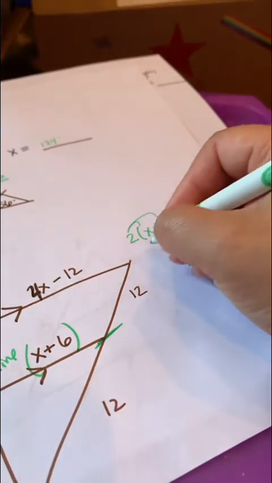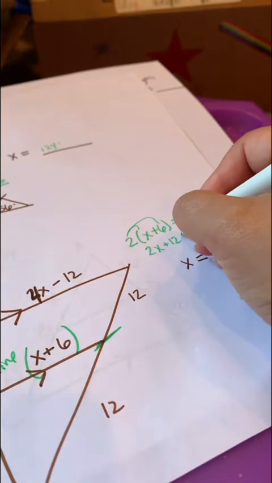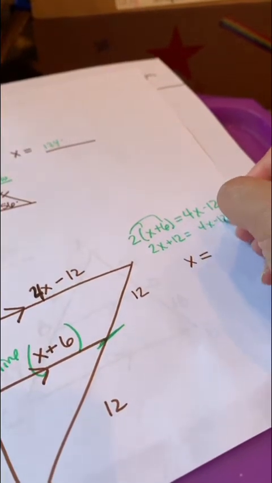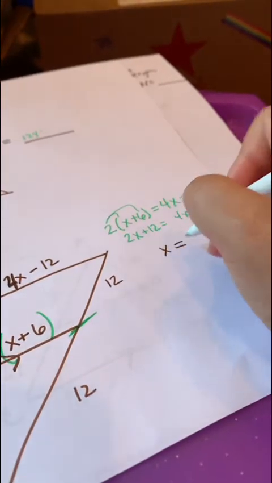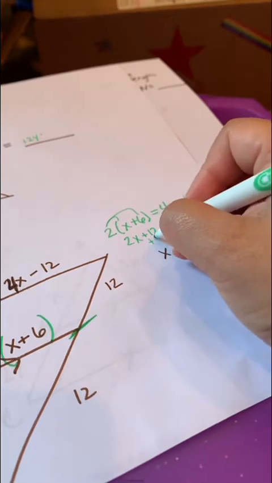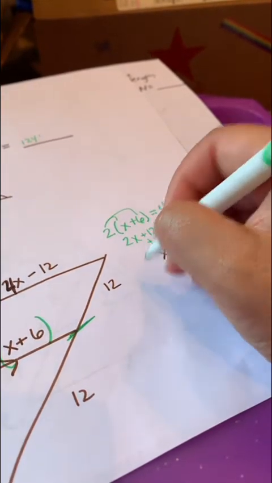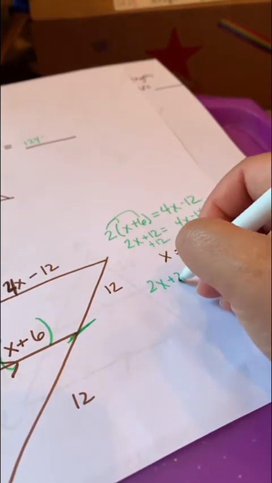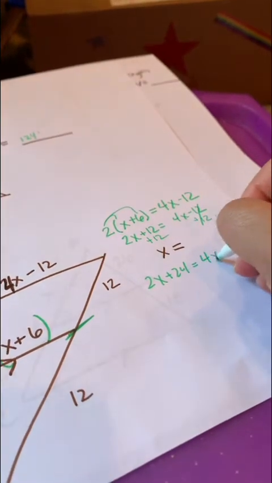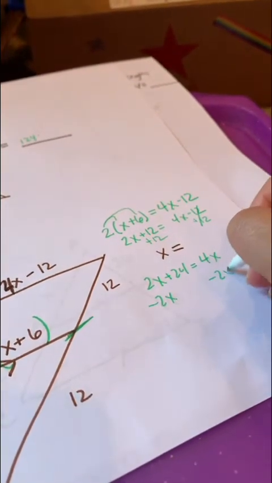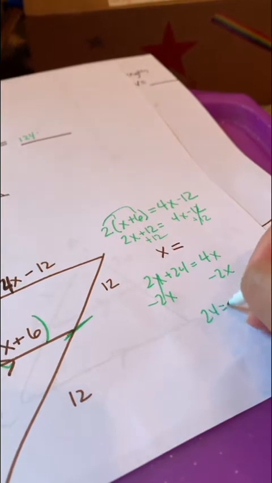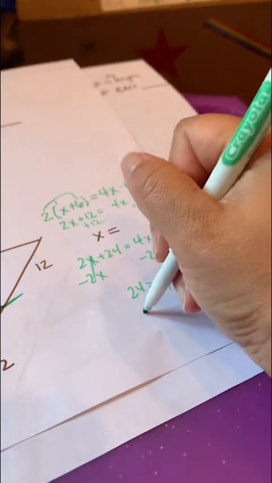And we do some distributing. 2x plus 12 equals 4x minus 12. I'm going to add 12 over. I get 2x plus 24 is equal to 4x. I subtract my x's over. Ironically enough, x is 12.